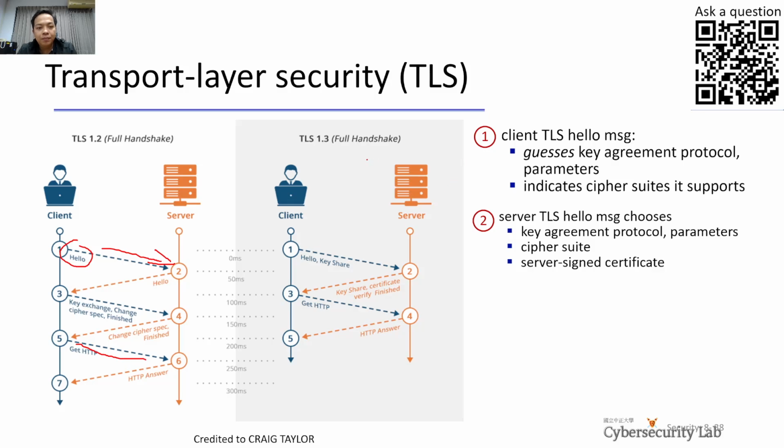But in TLS 1.3, when you send the hello, you already include the key share, the public key, and the server can extract the key and certificate, and then we can initialize the HTTP session. Based on this model, TLS 1.3 is faster and more secure because we already have a key share in the message.